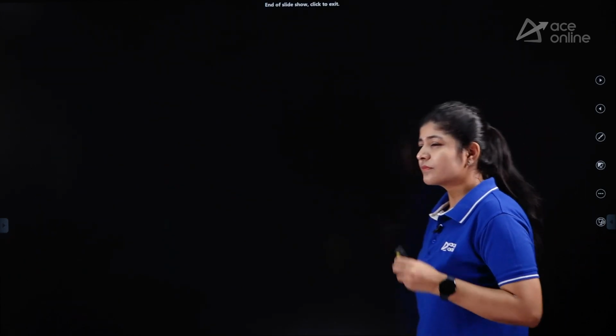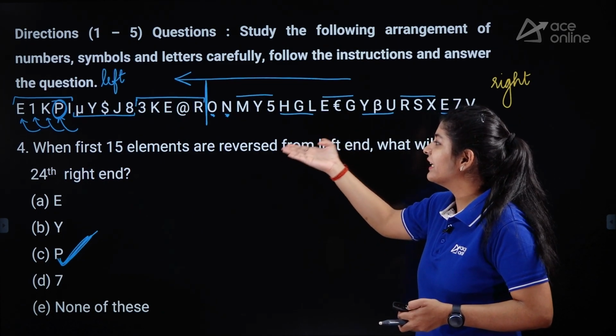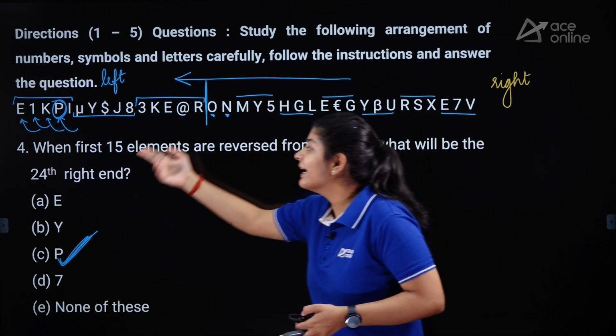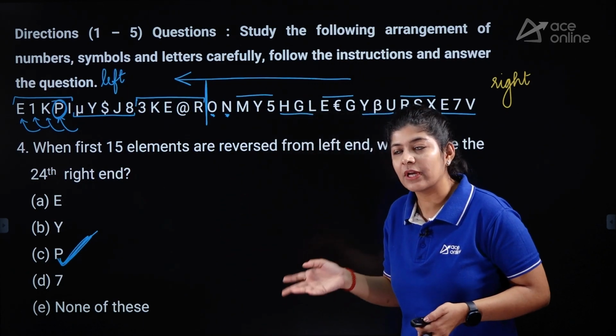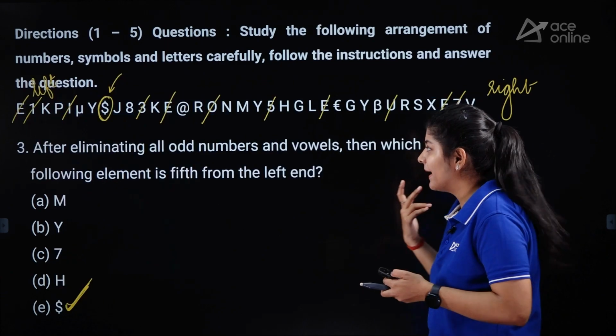So in this video, we learned that whatever type of questions we are having, all we need to do is focus on the data that we are having in the questions. If we talk about these types of data, here we have to read each and every word: which end is given and from where we have to calculate, whether we have to reverse it or not, or take it in a simple manner.